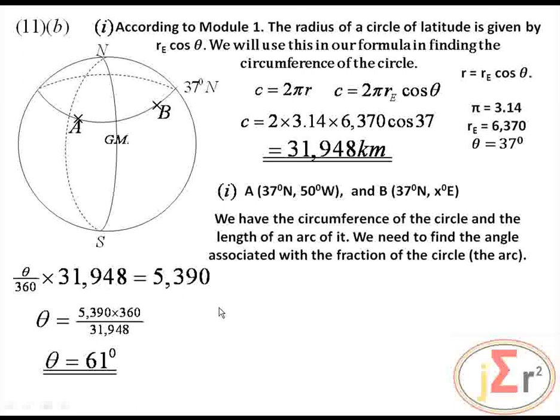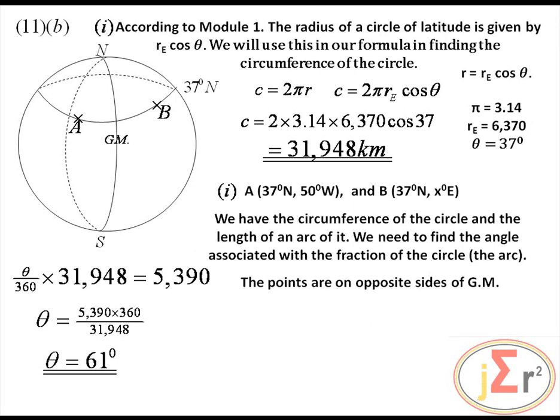Simplifying that, we have theta is equal to 61 degrees, and we are required to find x, which is the longitude of the point B, and of course B is located east of the Greenwich meridian.